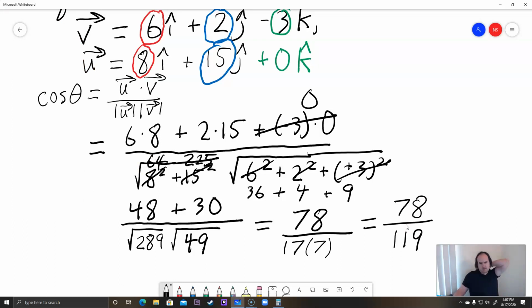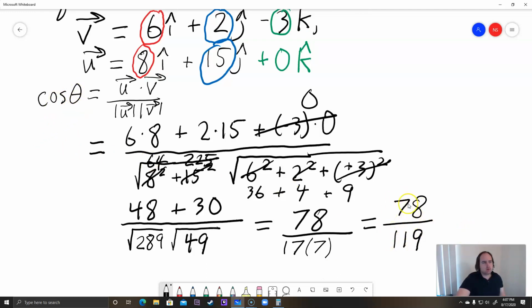Now you might be kind of confused. You might think, well, didn't they ask us to find cosine of the angle? Shouldn't that be in degrees or radians? Well, if you're wondering that, it's understandable, but remember, they didn't ask us to find the angle. They asked us to find cosine of the angle. So this answer here is actually going to be cosine of the angle, which is what they asked for.